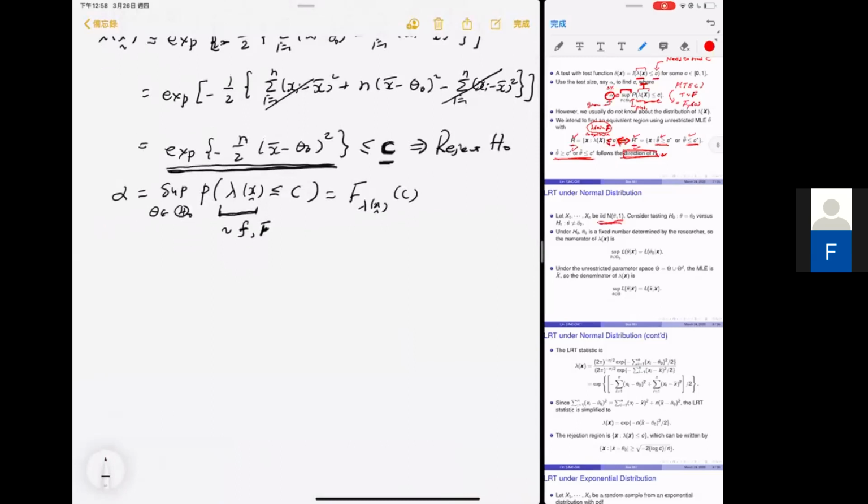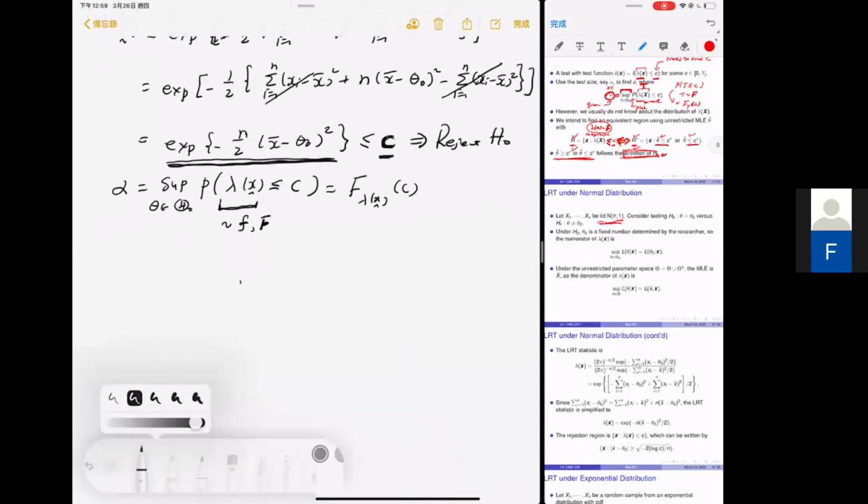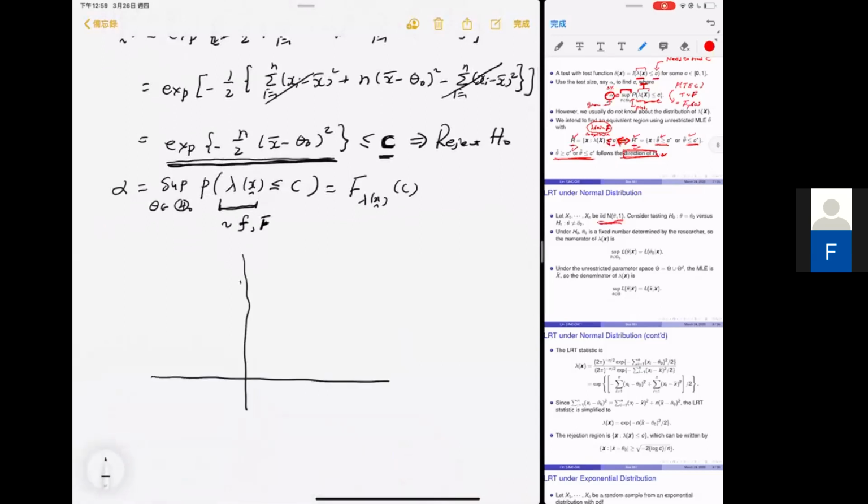Look at this. So let me see. Say if you do have that lambda x right here. This is my lambda x.